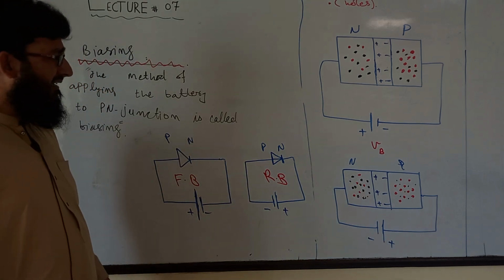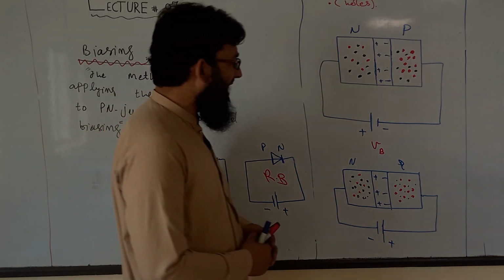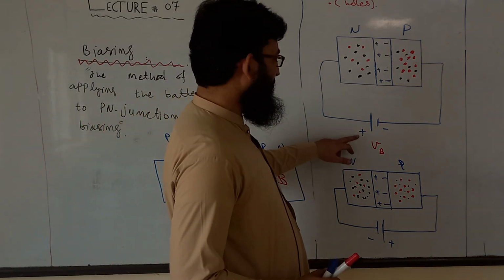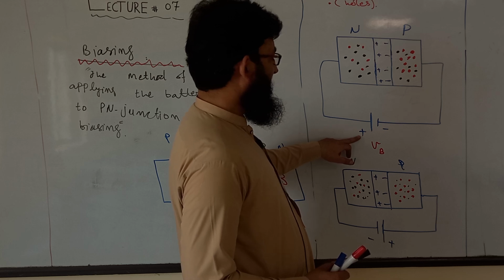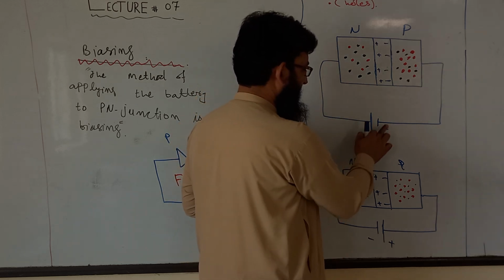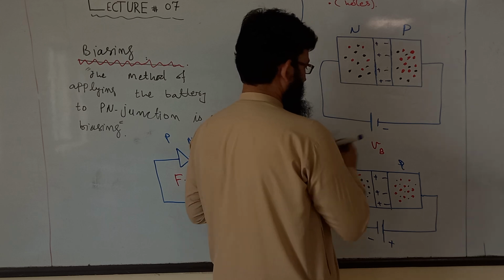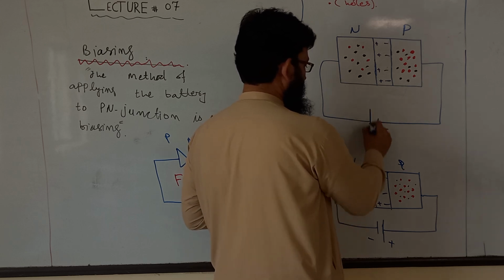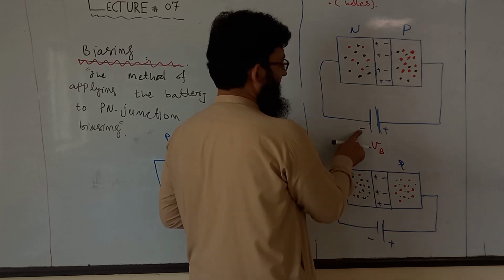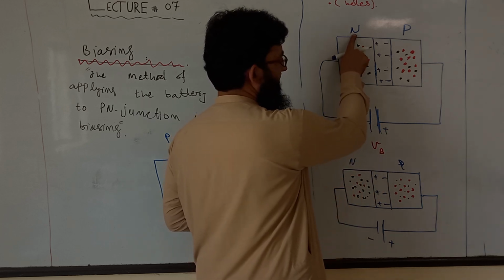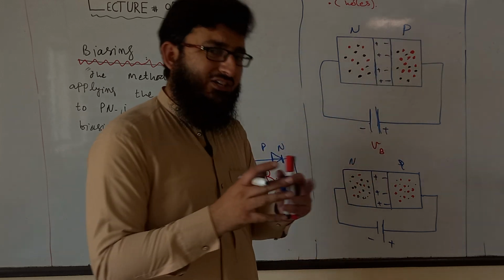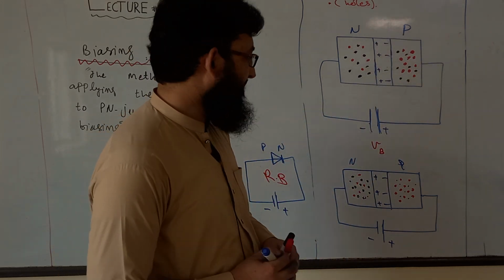Forward biasing is that if we apply a positive terminal to the P side, let's say this is the negative terminal, that one is the positive terminal. If we apply the negative terminal to the N side and positive to the P, then such a kind of connection of the battery is called forward biasing.